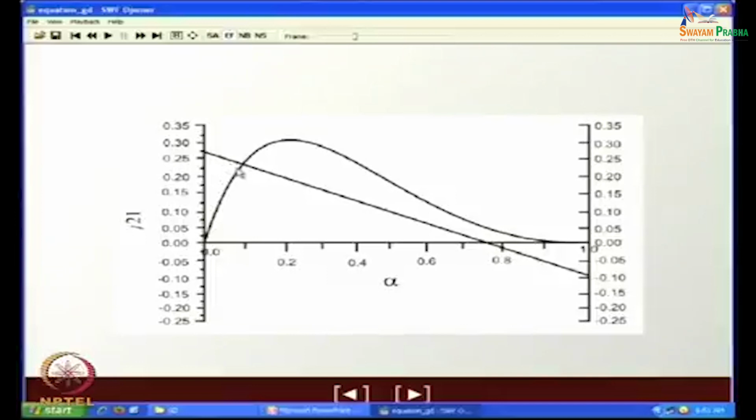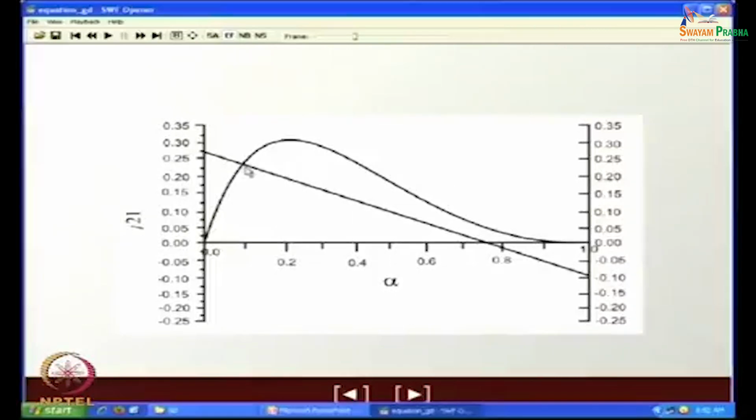Fine. Notice one thing very interesting, that in this particular case, no matter how much J1 is increased or how much J2 is increased, you will find that always the point of intersection lies along this particular portion, or in other words it lies for a small value of alpha where bubbly flow exists.